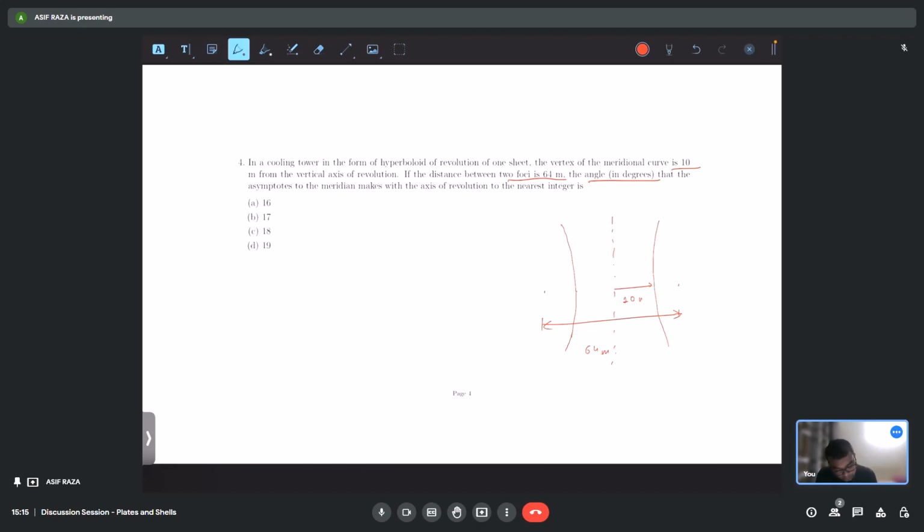So we're given 2c as 64 meter, which gives me c equal to 32 meter, and a as 10 meter. With this we'll be able to find b as the square root of c square minus a square. So this will be equal to the square root of 32 square minus 10 square, which is equal to 30.397 meter.